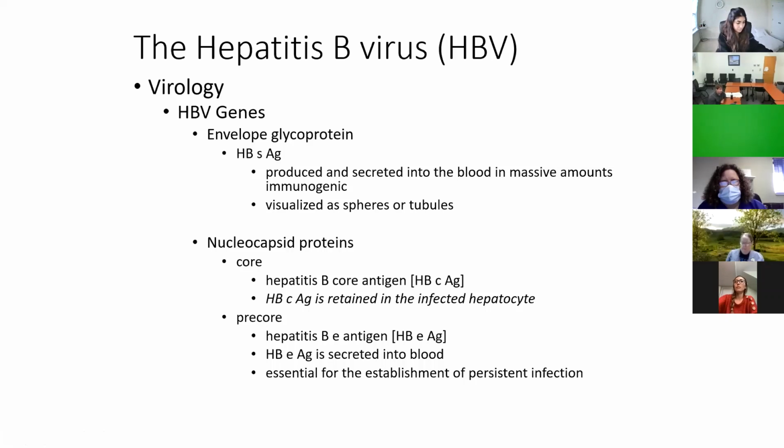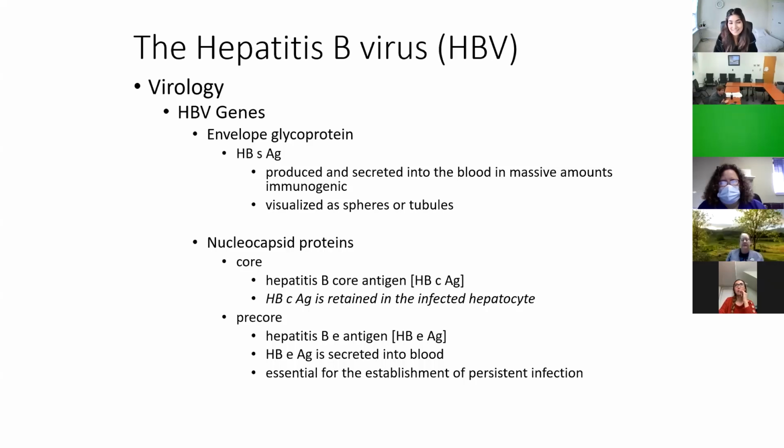Now, very, very important for hepatitis B treatment implications is this additional gene named the precore. It's terribly named. I wish it was named the E gene, but it's not. It's called the precore, which leads to all sorts of confusion.